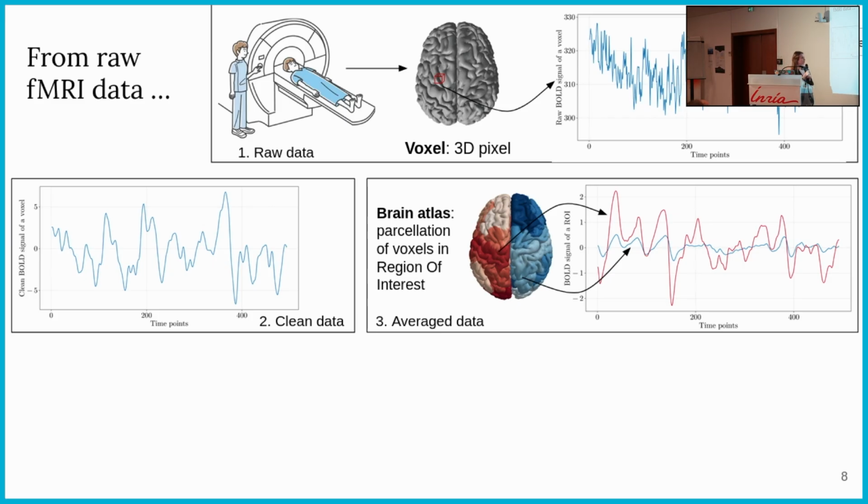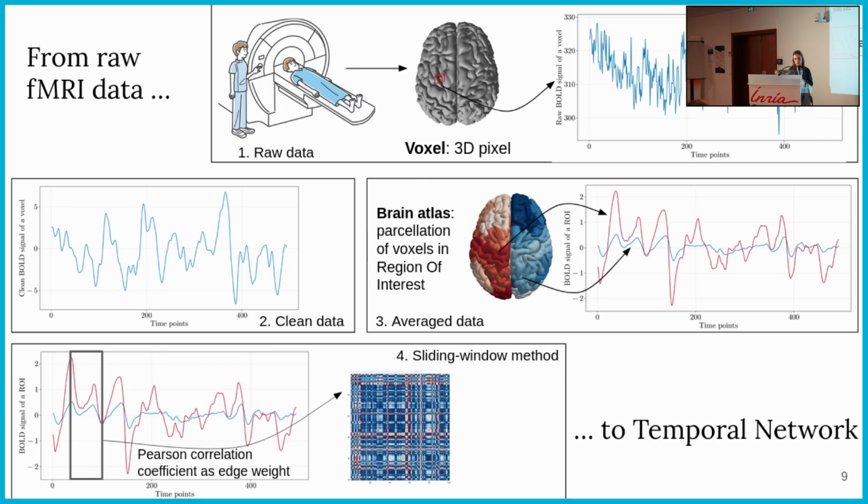And in order to divide the brain, we use the brain atlas, and so we average the time series that are inside a region of interest, and we obtain a time series for each brain area.